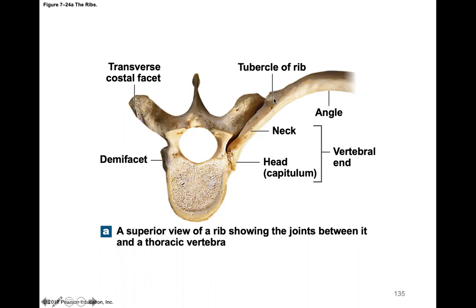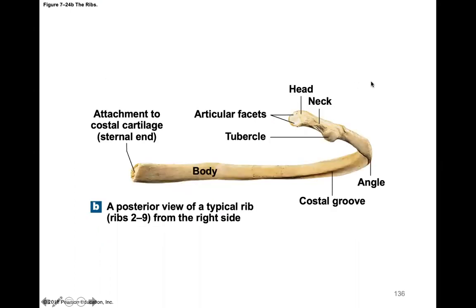Here you can see the second attachment point, the angle, and then the rib will ratchet around, and you'll have the sternal end of the rib right here, which is going to be attached, if this was ribs 1 through 7, through cartilage directly to the sternum. Ribs 8 through 10, cartilage would actually attach to the cartilage of rib number 7. If this was rib 11 and 12, that would be it. It would just end right there.